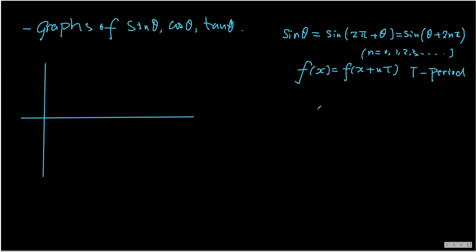This is the special form. But be careful, for tan theta, you will find that it's pi. Cos is the same as sine. Tan theta will equal tan of theta plus n pi.